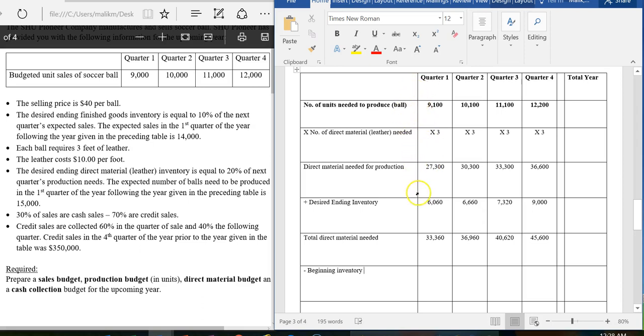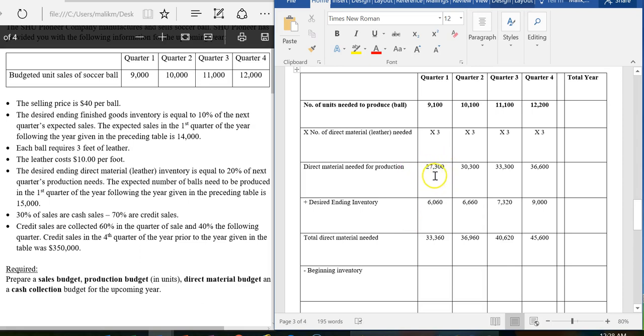When we are thinking of our past year's last quarter, we have to look at the following quarter, which is quarter 1. Quarter 1's production need is 27,300. And as per the company policy, they always keep 20% as their ending inventory. So just this past quarter, their ending inventory was 20% of this.